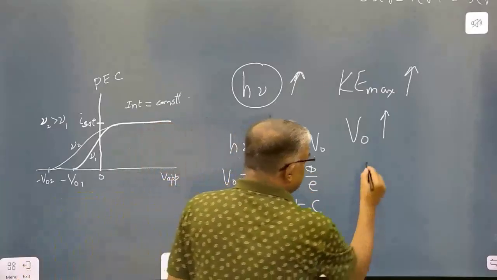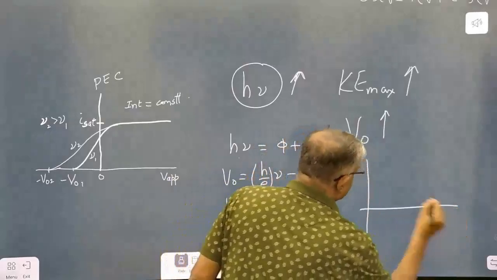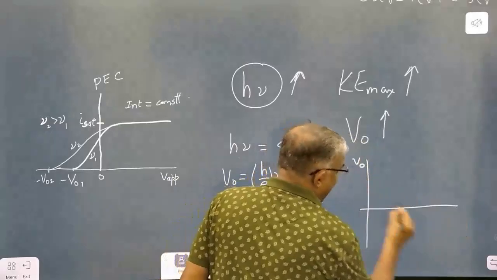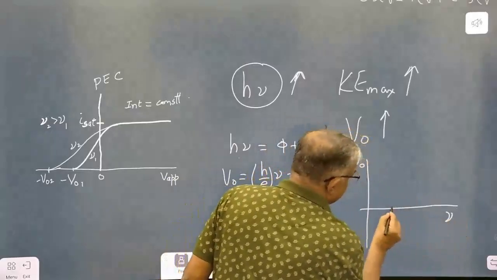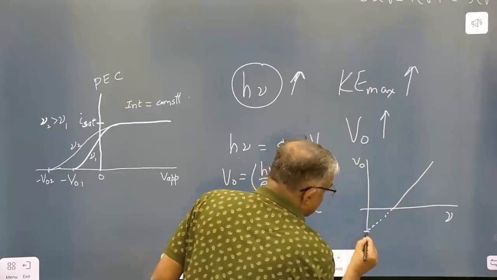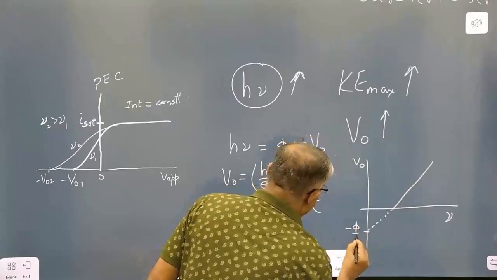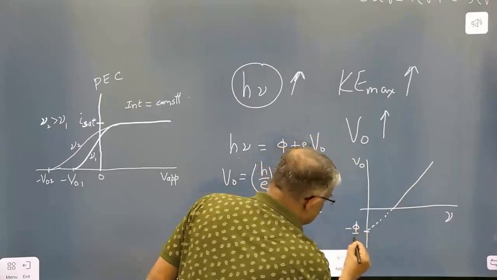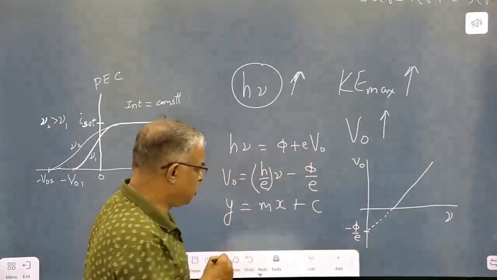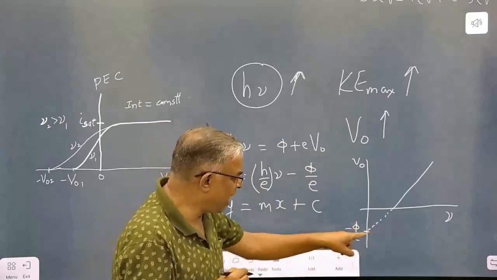So it is a straight line graph. The graph between stopping potential and frequency is a straight line graph with a constant slope, and the intercept is the work function divided by e. So, work function of the metal decides the y-intercept.